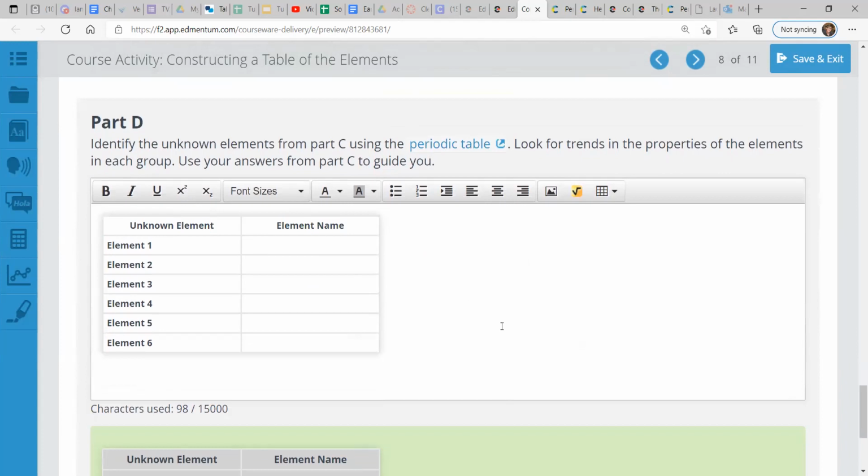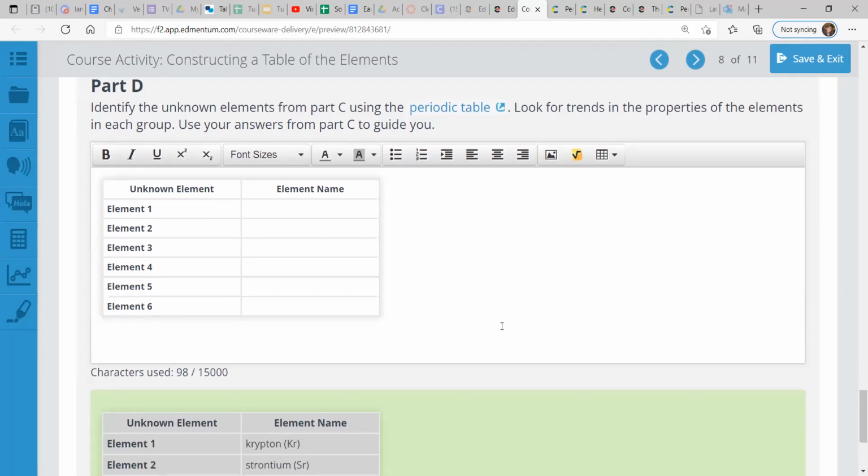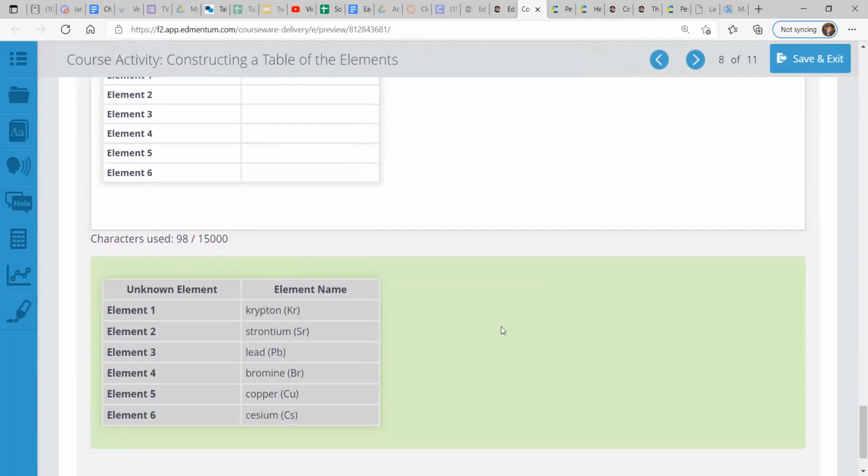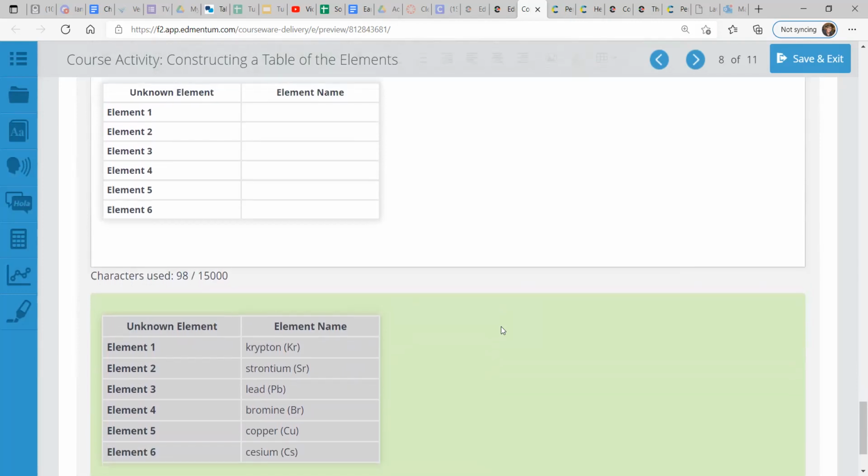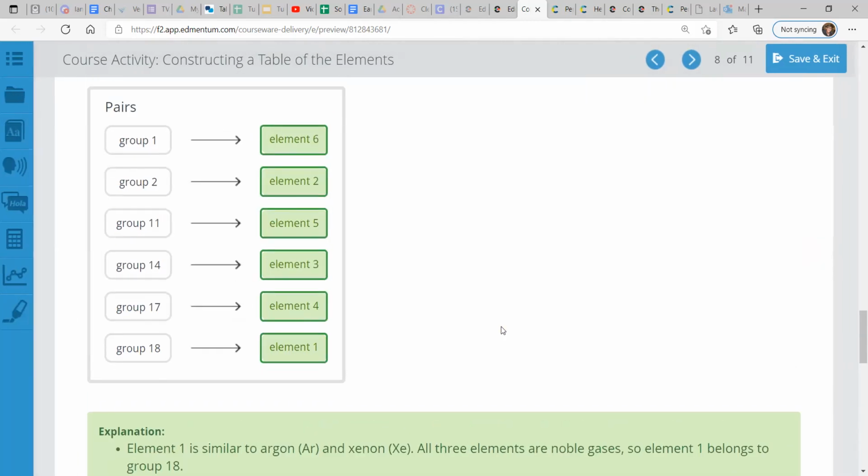Identify the unknown elements from part C using the periodic table. Look for trends in the properties of the elements in each group. Use your answers for part C to guide you. Okay, so if you look at that periodic table, compare the elements' actual properties themselves, not the names.